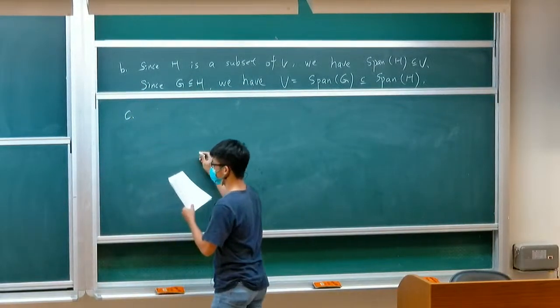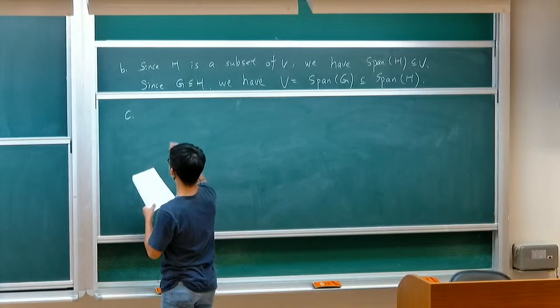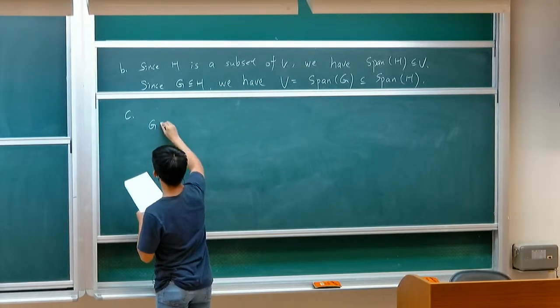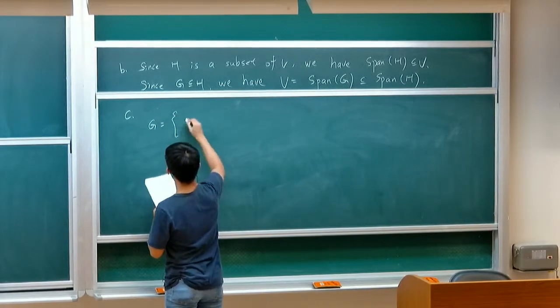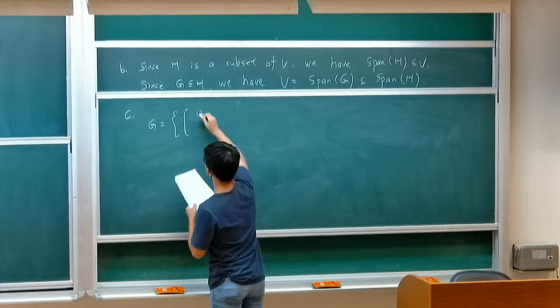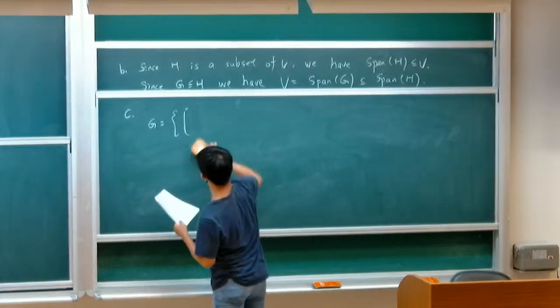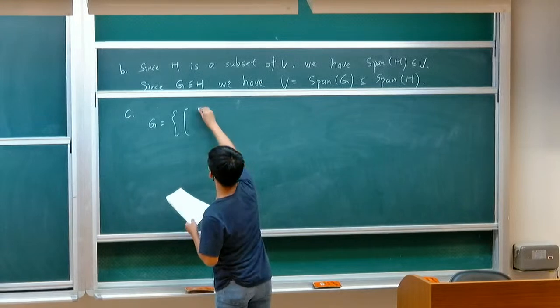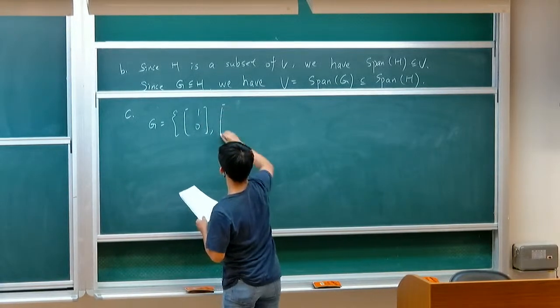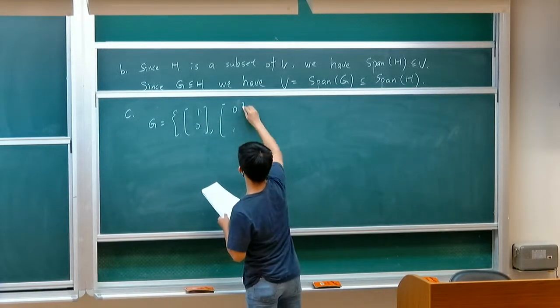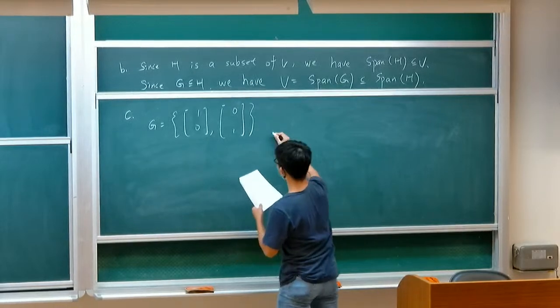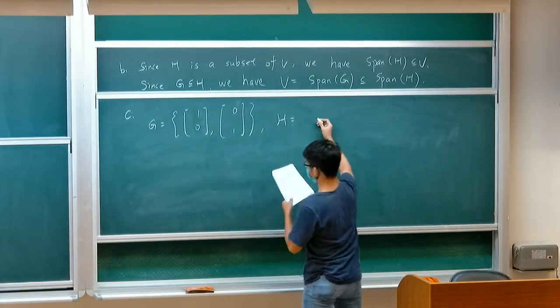For part C, here we give an example. We let G be (1, 0), (0, 1), and H be something larger.